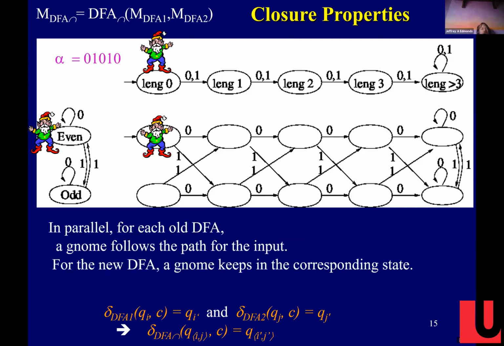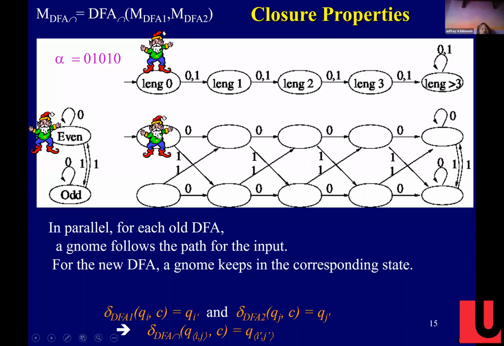All right, so now I like little gnomes. Here we've got 3 gnomes. One gnome is running one program, the other gnome is running the top program. And what is the gnome in the middle? He's running the middle program, right? And they all start in their start states.